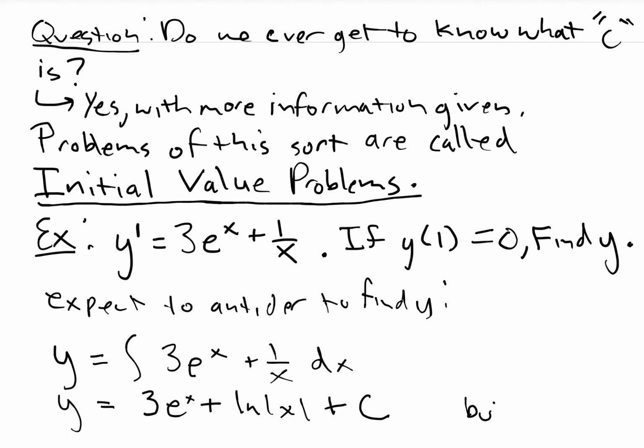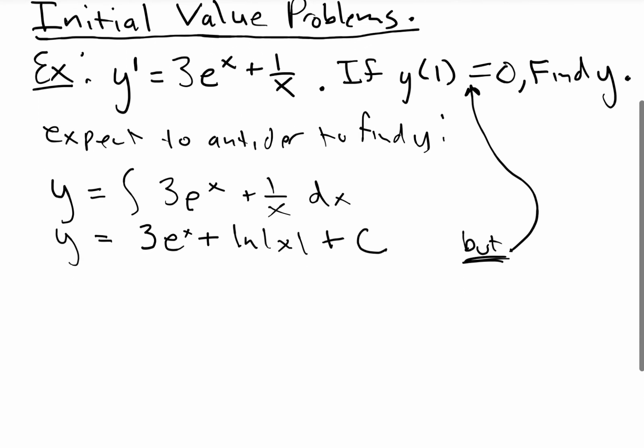But I know that this happens. If I plug 1 into this function, it says I get 0 back, right? So I'm going to scroll down to give myself a little bit more room.